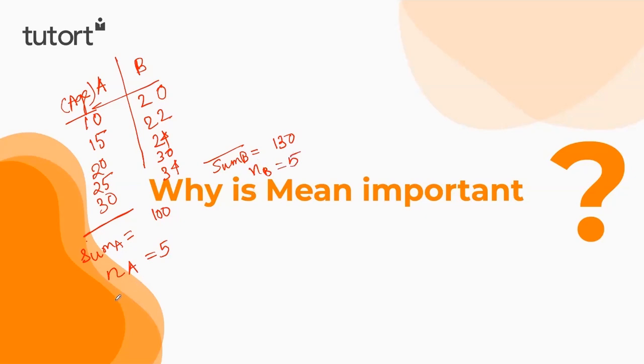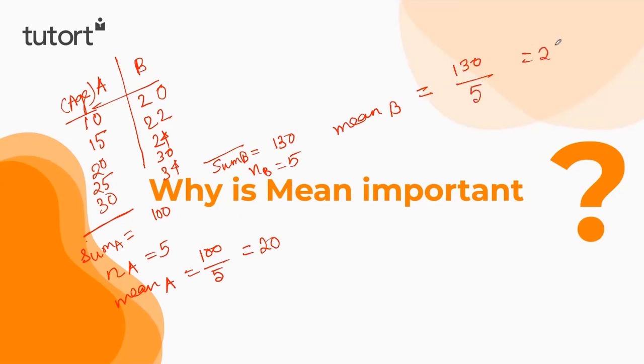So what will be the mean? Mean of Group A will be 100 divided by 5, right? That will be 20. And mean of Group B will be 130 divided by 5.